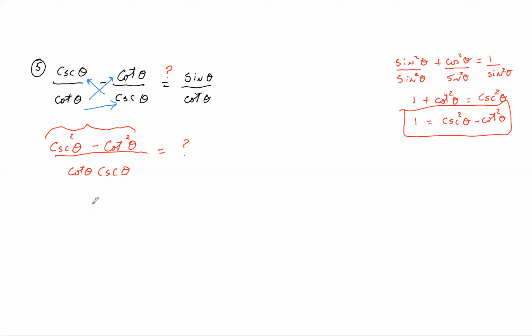And we got 1 over cotangent times cosecant, equal to this side. We don't know yet.